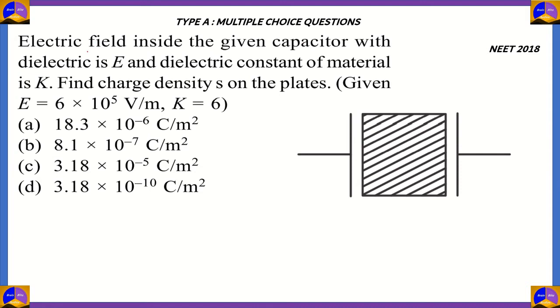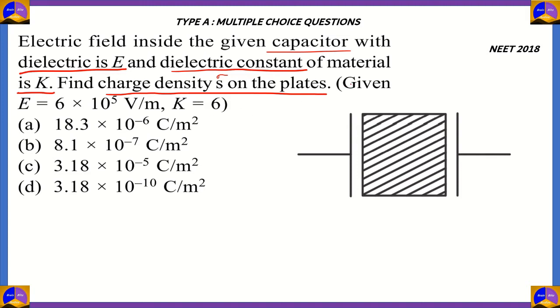Next question. The electric field inside the given capacitor with a dielectric is E, and the dielectric constant of the material is K. So you need to find the charge density on the plate. Sigma is the representation of charge density.